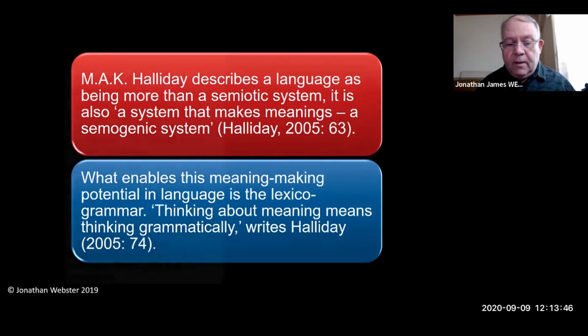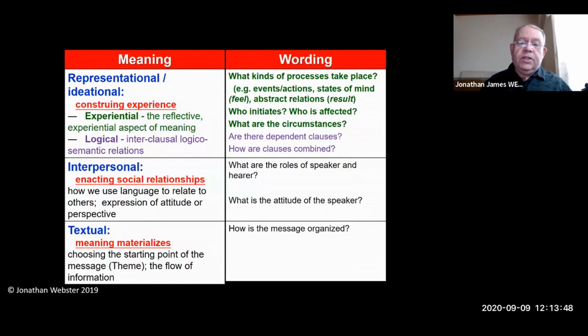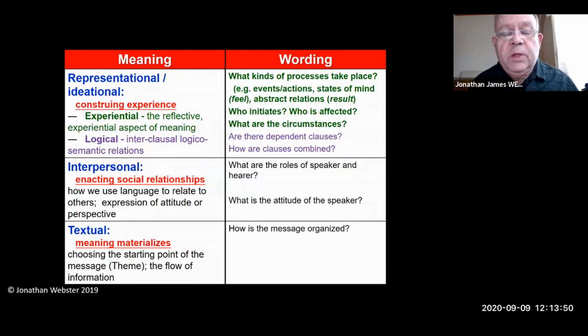And so when we talk about the wording, what are we saying? What do we mean? Well, how do you construe the world? How do you understand the world? What kinds of processes are taking place? How do you describe it in terms of whether it's an action or whether it's a state of mind, whether it's some abstract relation?